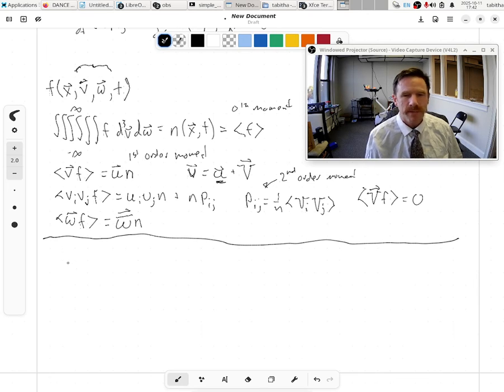So let's go ahead and write our time evolution equation, which comes from Liouville. And assuming a smooth distribution, we have that the partial derivative with respect to time plus the other partials to form the complete derivative.